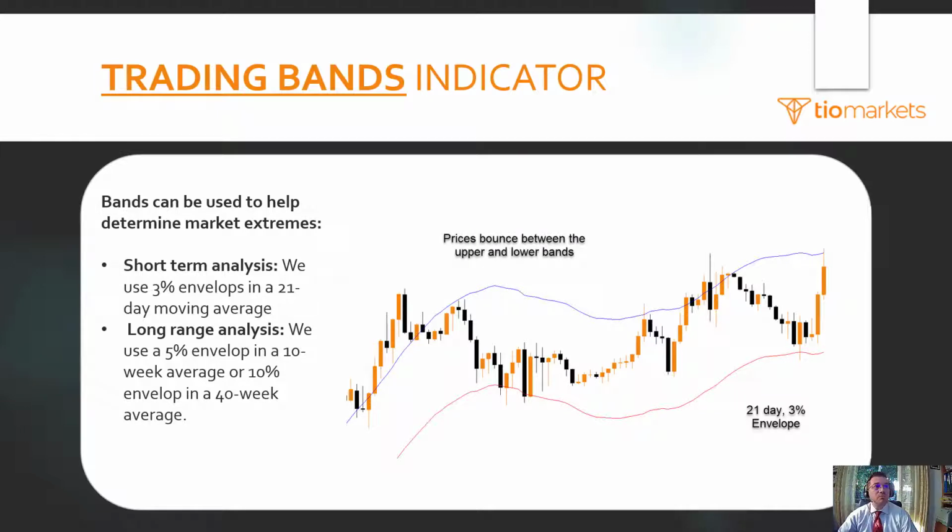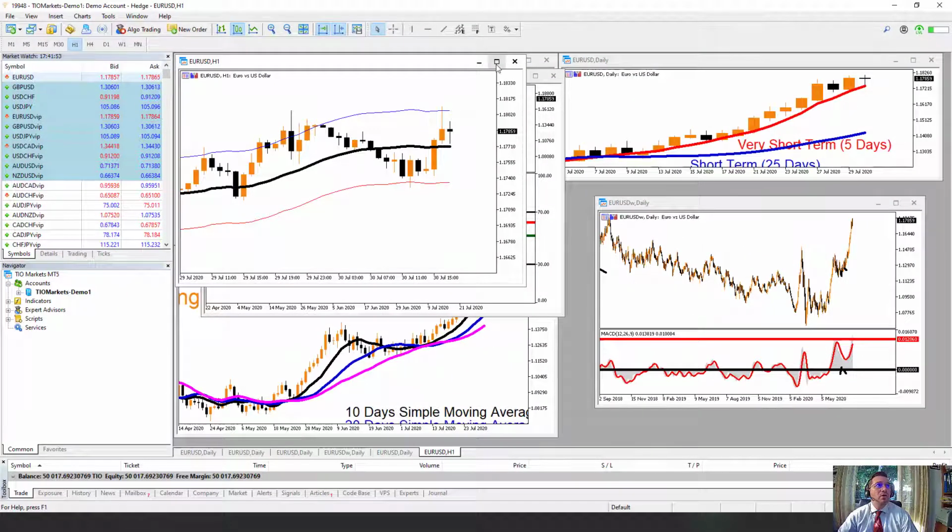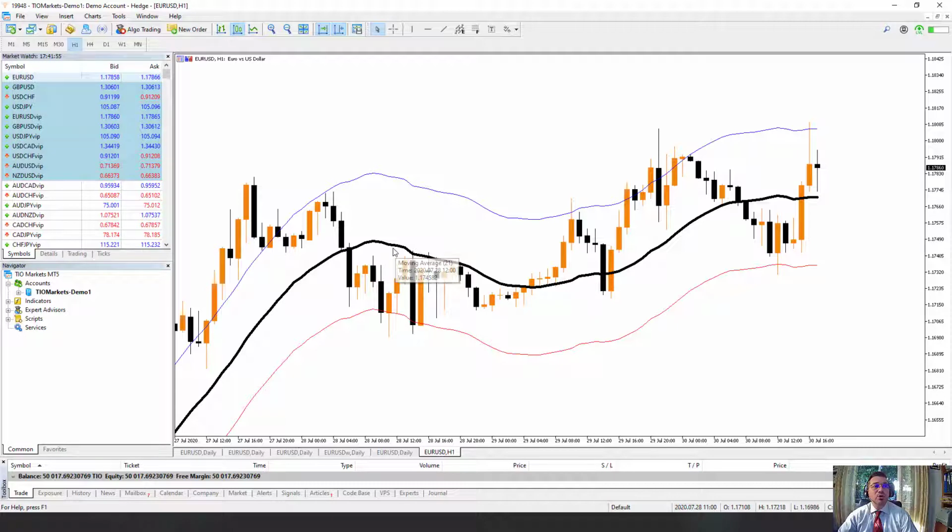you can see that this line here, the middle, the darker one, is our 21-day moving average. That's the moving average of price over the last 21 days. And for a short-term analysis, we're going to set our trading bands to be 3% above our 21-day moving average and 3% below.